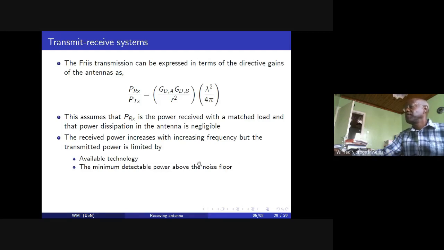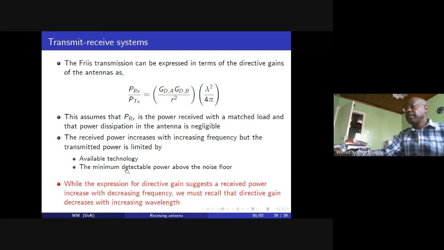So they determine how much power must be received at the antenna above that background electromagnetic signal for you to detect the desired signal. And while the expression for the directive gain suggests that the received power will increase with decreasing frequency, we must recall that the directive gain will be decreasing with increasing wavelength as well.